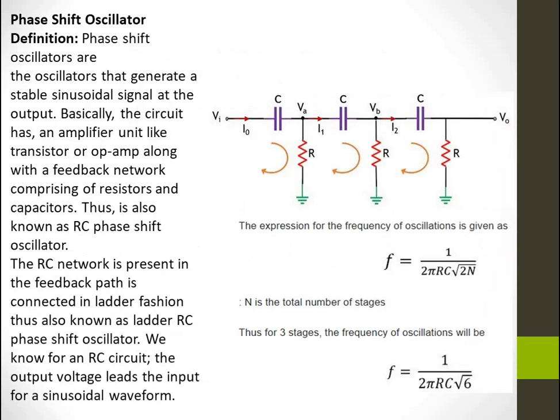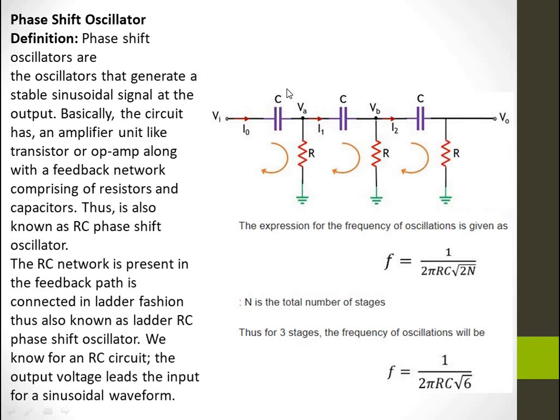In this case, we have 3 stages of RC network. Each stage will produce 60 degree of phase because of the lead-lag combination of resistor and capacitor with respect to voltage. Suppose any of the values is not matched, suppose among these 3 capacitors, one capacitor value is changed a little, what happens? Then we cannot achieve the Barkhausen criteria.